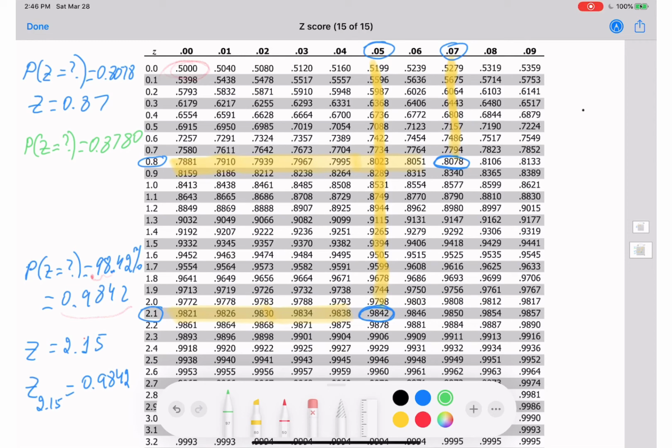So I'm looking for the closest one. 87 here is 8729, 8719, 8770, and 8779. So 8780 is falling right in the middle, right?